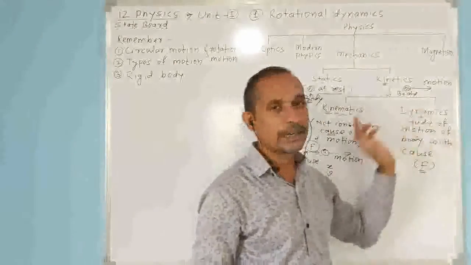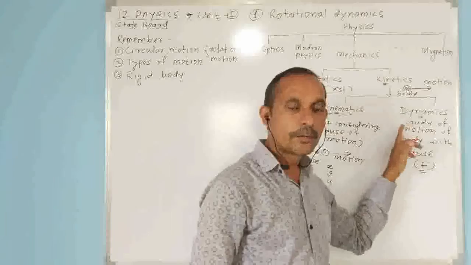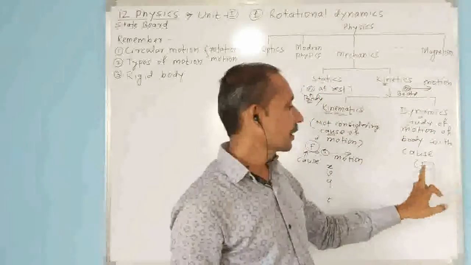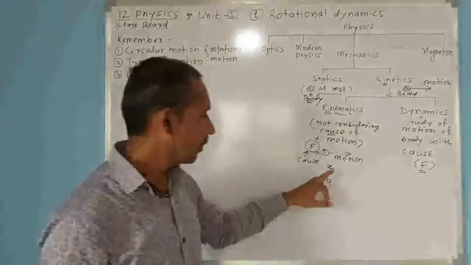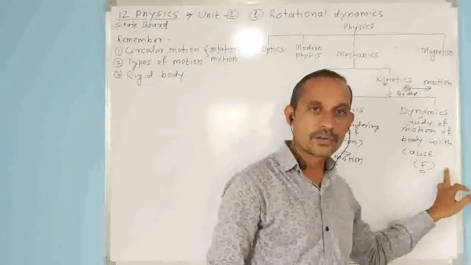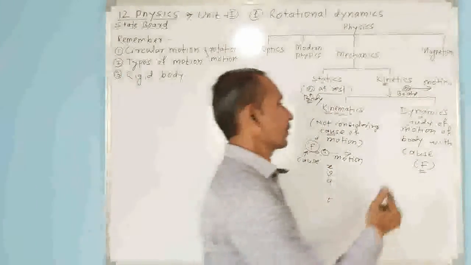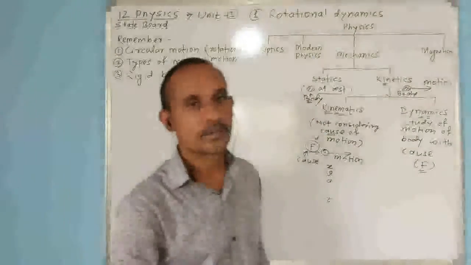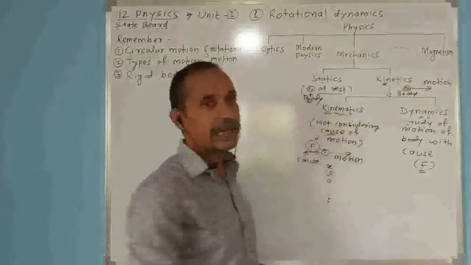But in dynamics, we are studying the motion of the body considering force and all these physical quantities. So we are additionally considering force along with these physical quantities. This is the basic definition of dynamics, that means rotational dynamics.